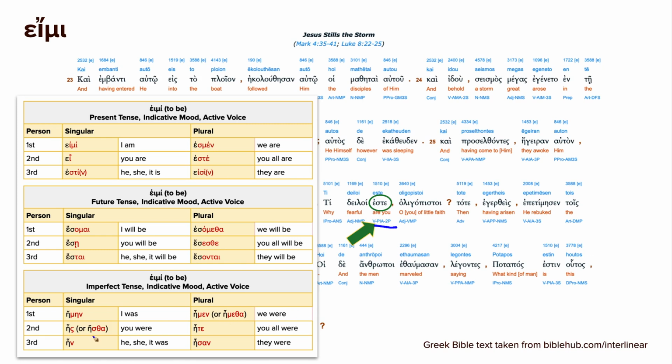Es, or esotha, you were, singular. Ete is you all were. En, he or she or it was. And esan is they were. All right, so we're going to see some of these. Actually, we'll see en coming up here, and we'll see esan coming up here. So I just wanted to review those now before we move any further forward.